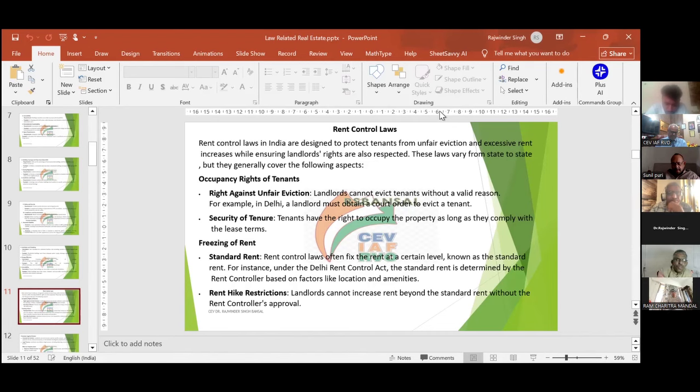Otherwise, it is very difficult to evict the tenant. So it protects the right of the tenants against unfair eviction. Tenants have the right to occupy the property as long as they comply with the lease terms or rent controlled rent deed or lease deed. If they are following the things which are written in the rent deed or lease deed, they cannot be evicted.